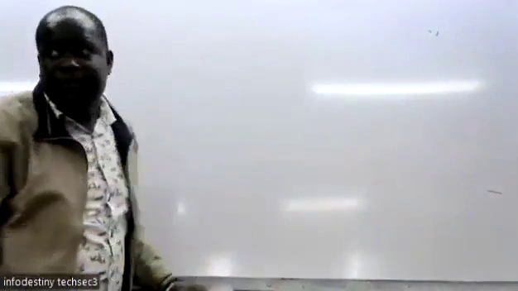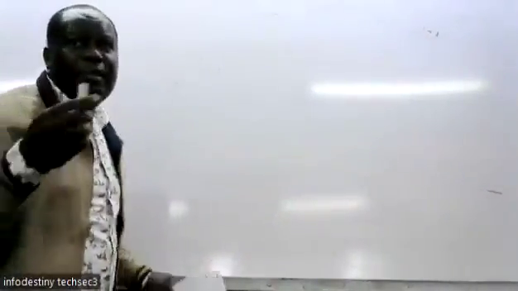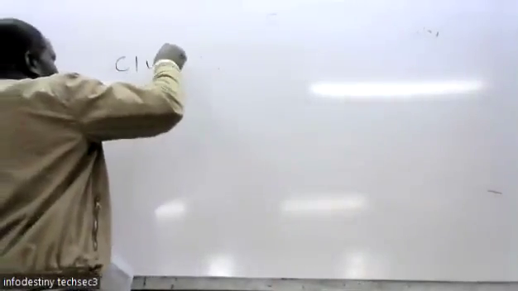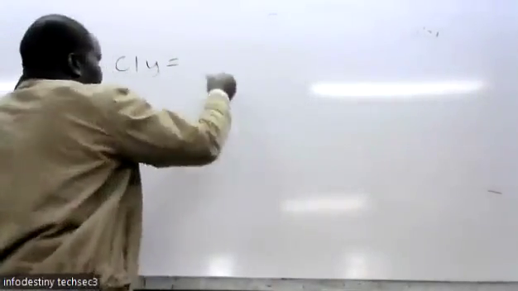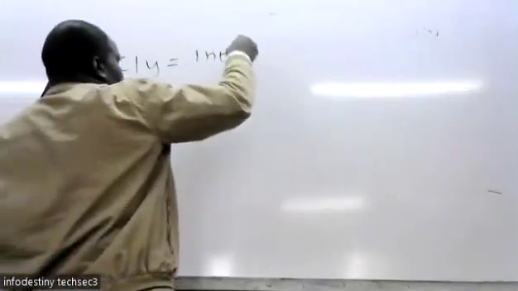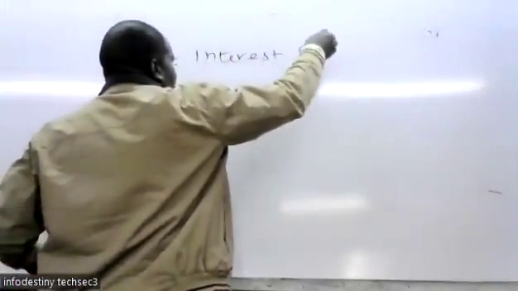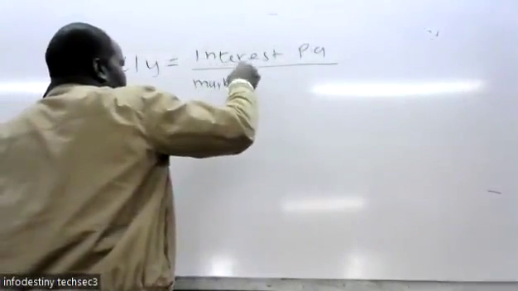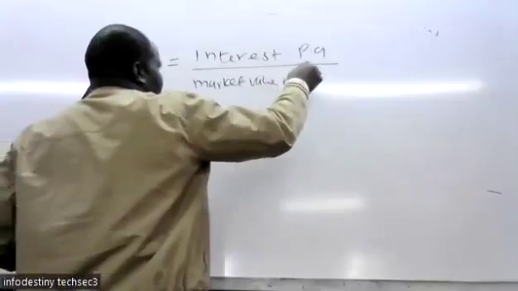So we shall simply calculate the current yield. The current yield from the previous question is interest per annum divided by the market value of the bond.